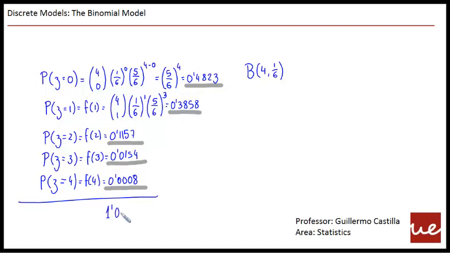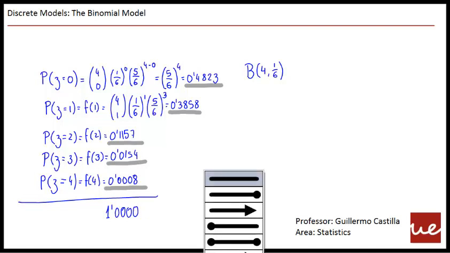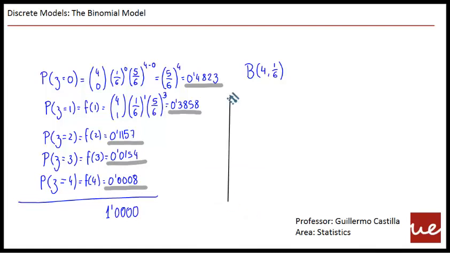If we add them all up, they add up to 1, which is the complete probability, because after all, this is a game, and what we're doing is calculating all the possible results we can have. So what we're seeing here is that the probability of winning 0, 1, 2, 3, 4 times is the complete probability we have in the problem.